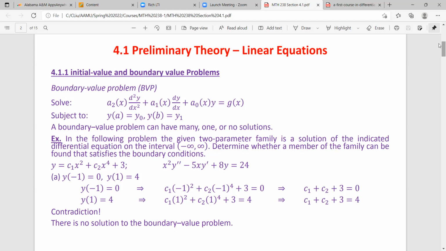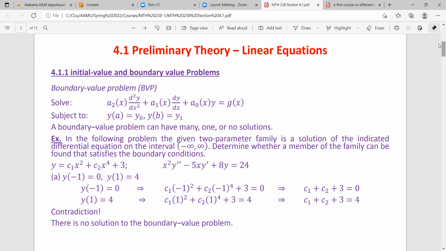Consequently, the solutions for a boundary value problem will have different properties from initial value problems. So in general, a boundary value problem can have many, one, or no solutions. All can happen.